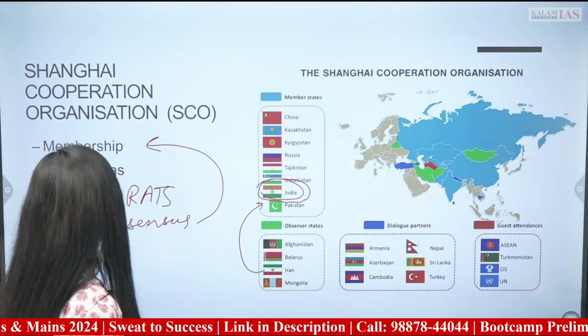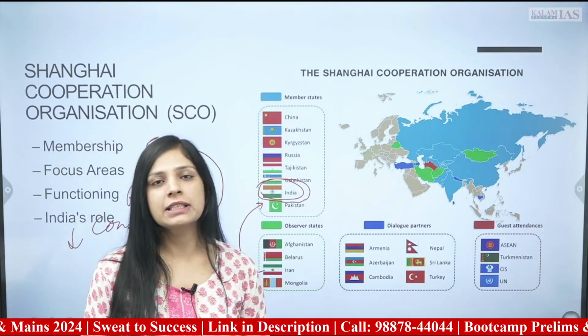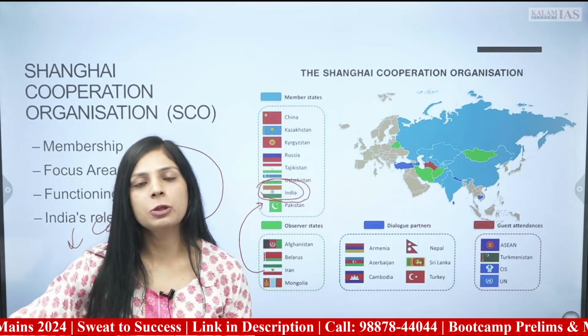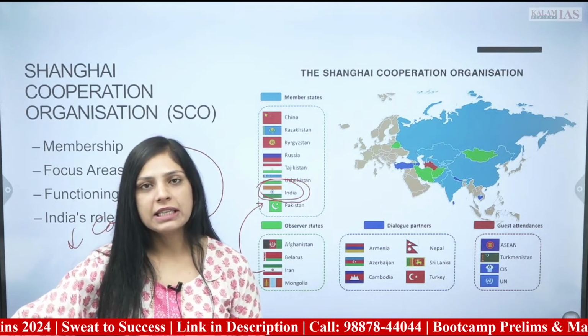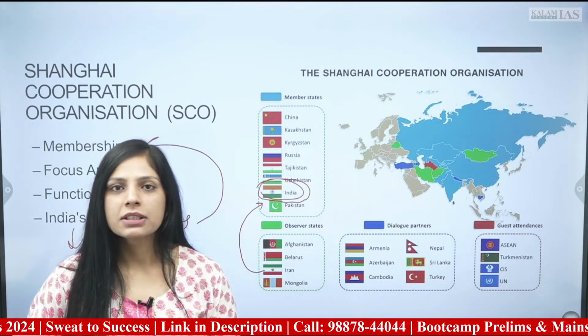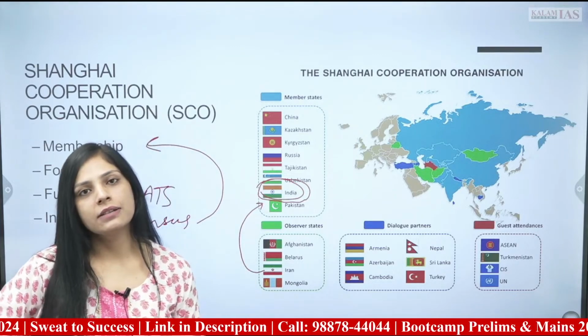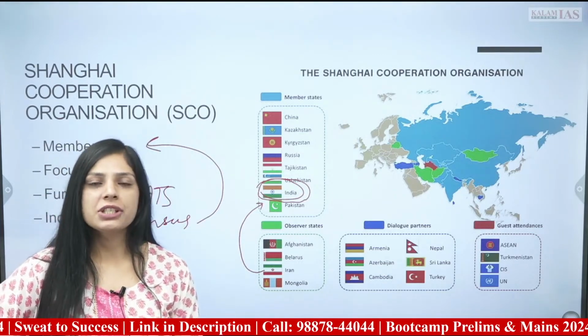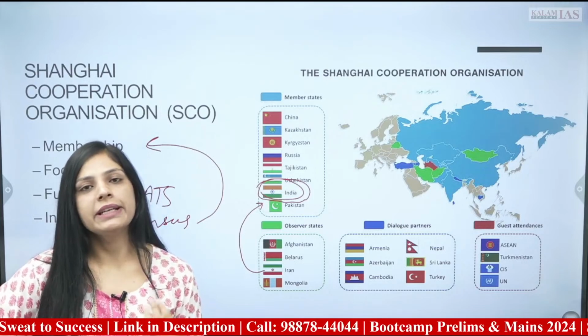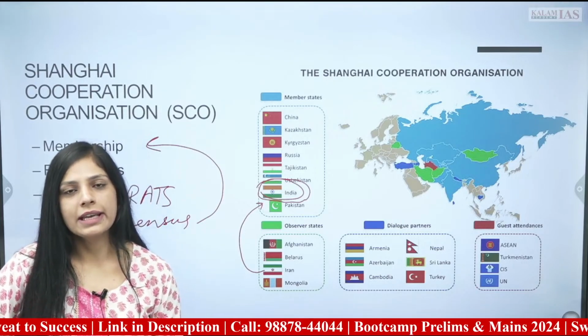For example, if I talk about the Shanghai Cooperation Organization, India became its full member in 2017 in the Astana Summit. After that, it has assumed its presidentship for the first time in 2023, right?